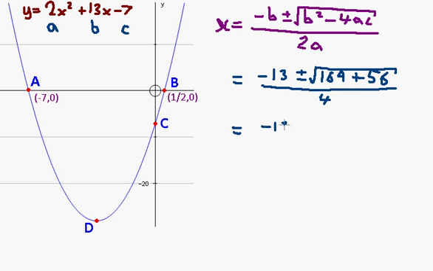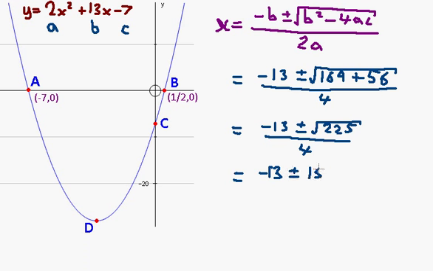So we've got minus 13 plus or minus the square root of, inside the square root, 169 plus 56 is 225, all over 4. The square root of 225 is 15. So we've got minus 13 plus or minus 15 over 4.